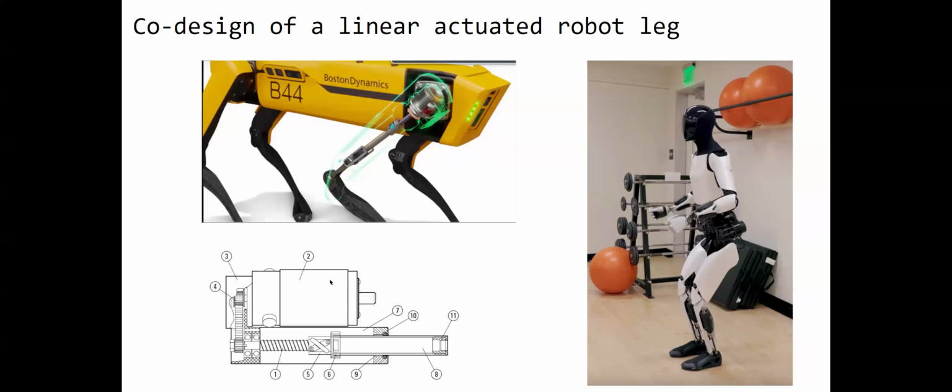Firstly, it makes the leg compliant. It's not infinitely rigid. It bends over some kind of obstacles. And secondly, it can recuperate some energy when the motor rotates and starts generating power. So the idea here is to make this co-design of the leg.